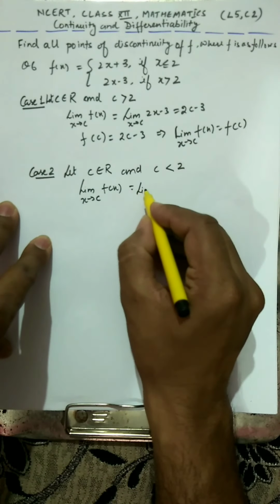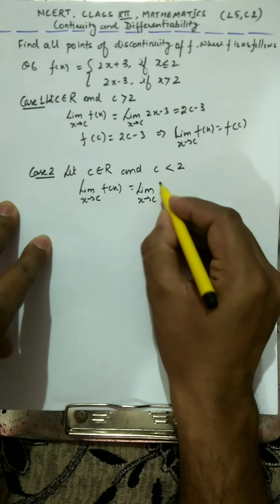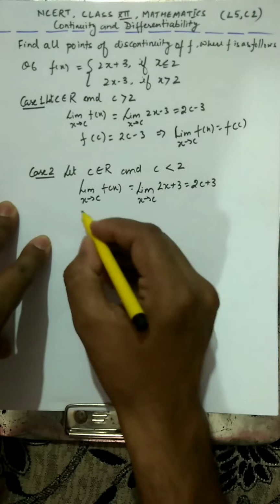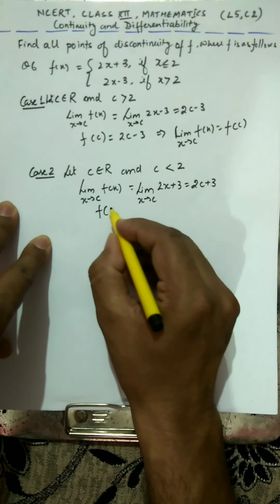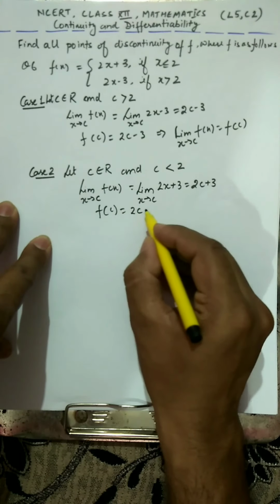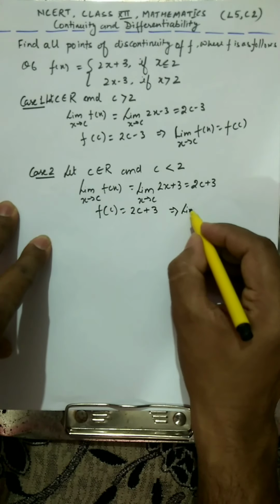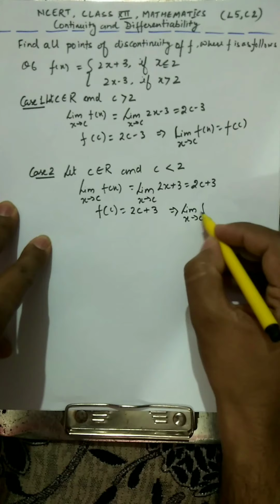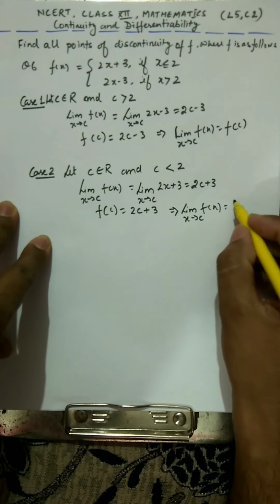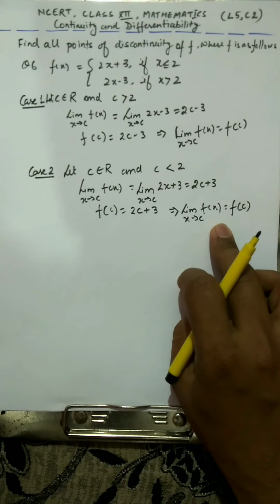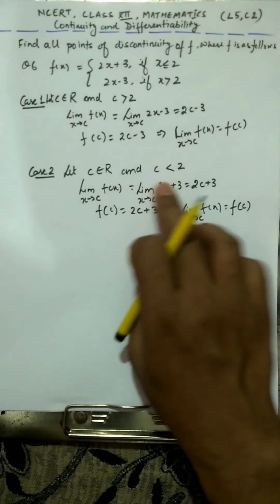So we'll take limit x tends to c of 2x plus 3, and this becomes 2c plus 3. Similarly we can find the value of f(c) also, so this is also 2c plus 3. So you can see that limit x tends to c of f(x) equals f(c). So it means that the function is again continuous for all the points c belongs to R where c is less than 2.